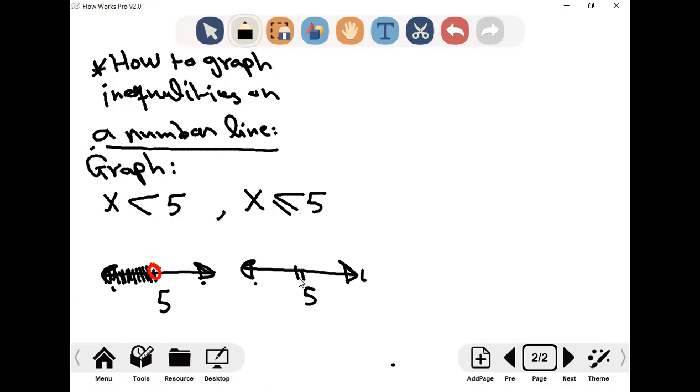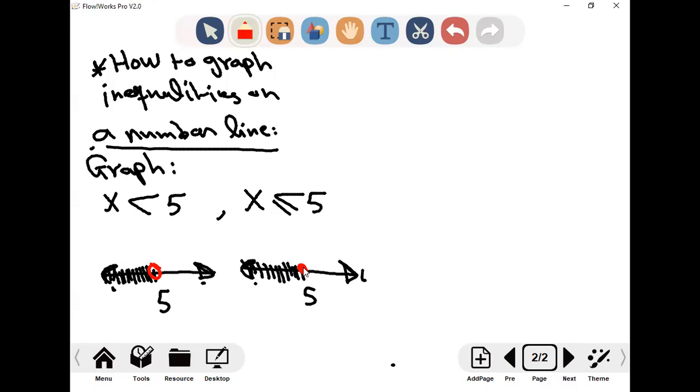I will graph normally like this, shade, highlight, whatever. But do we have equal sign? So the circle will be what here? Closed, like this one. See here, open. Here, closed. Now, here in less than, but in more than, the same, but in place of the left, we will go to the right.